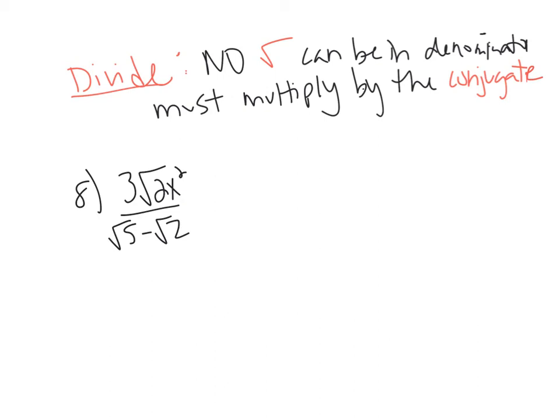So first, is there anything that I can simplify? Square root 5, that's not a perfect square. Square root 2, that's not a perfect square. But square root of x squared is x. So I can boot that to the outside and just keep the root 2.